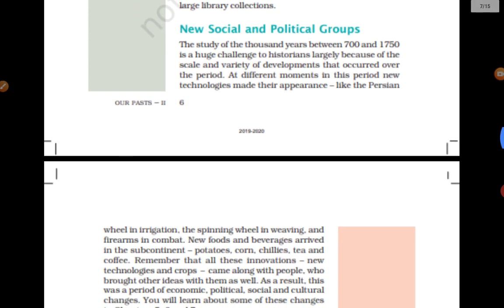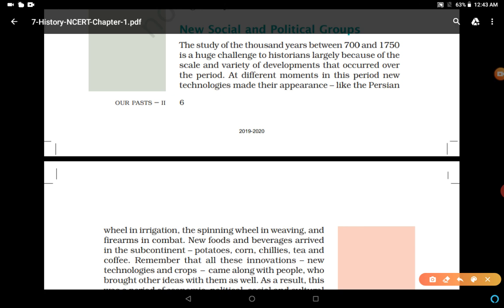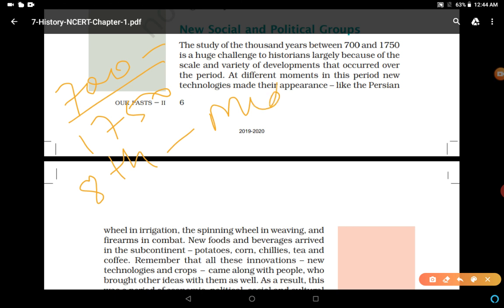Now we'll study new social and political groups. In this part, we will study the period from 700 to 1750 AD, meaning 8th century to mid 18th century.